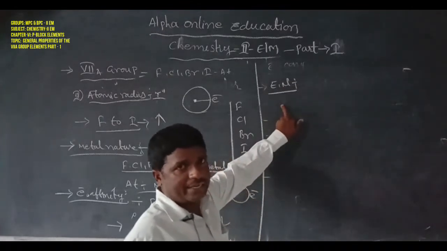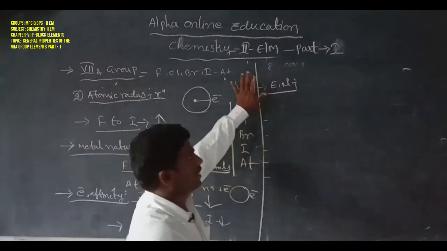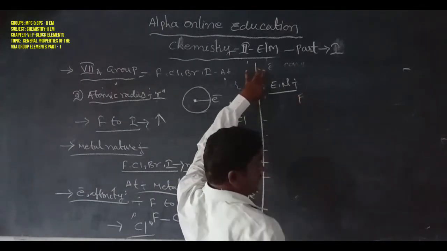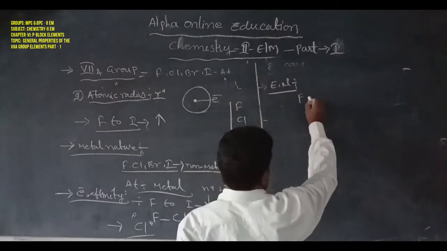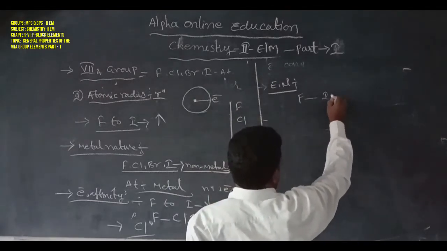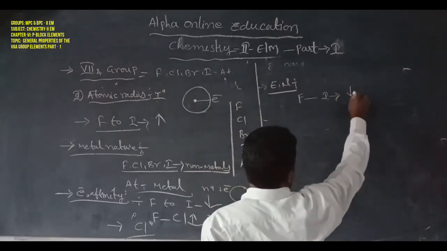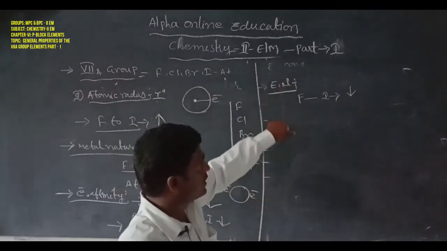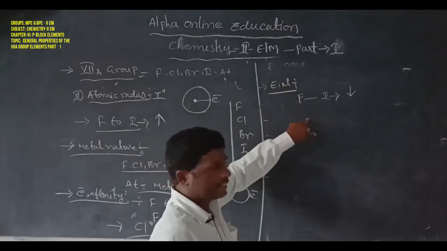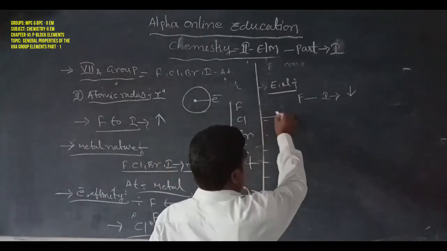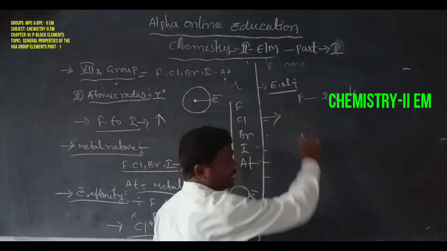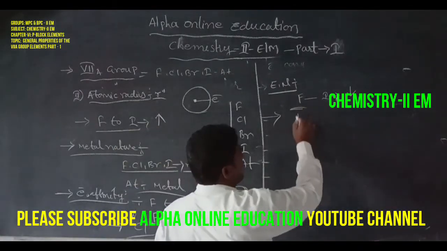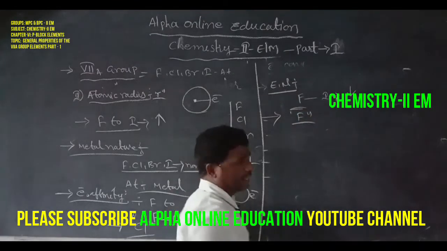The 7A group elements are the most electronegative elements in the modern periodic table. From fluorine to iodine, electronegativity decreases because atomic radius increases. As atomic radius increases, electronegativity decreases. In the 7A group, fluorine is the most electronegative atom in the modern periodic table.